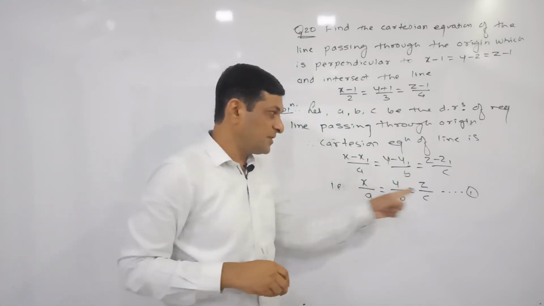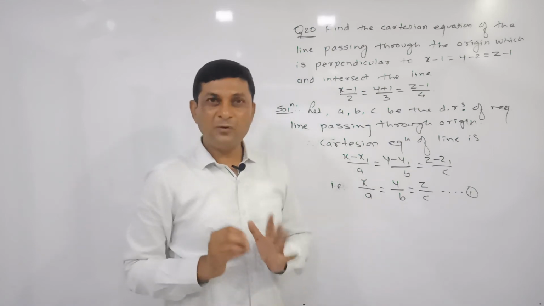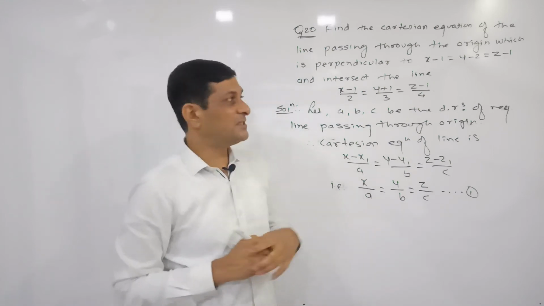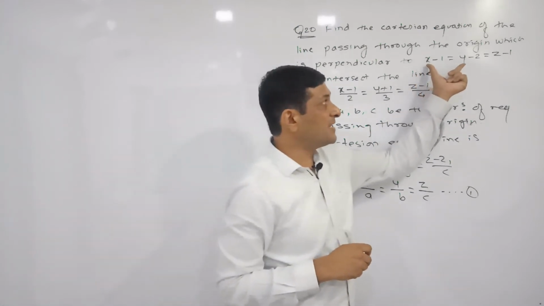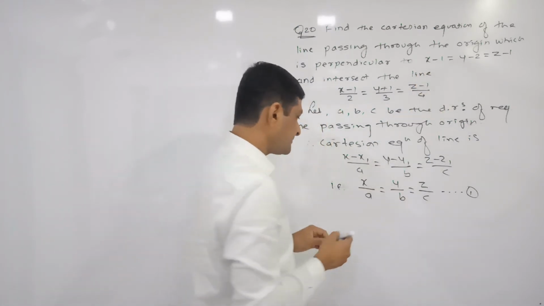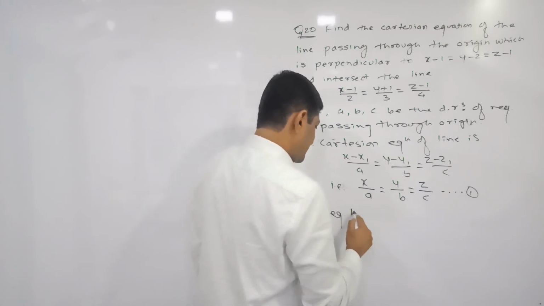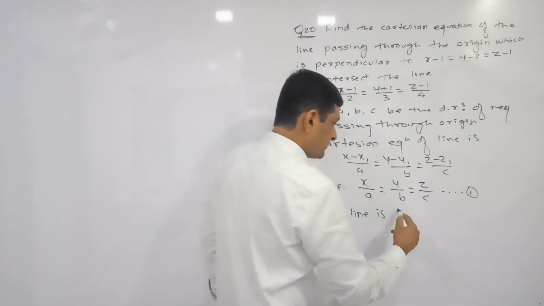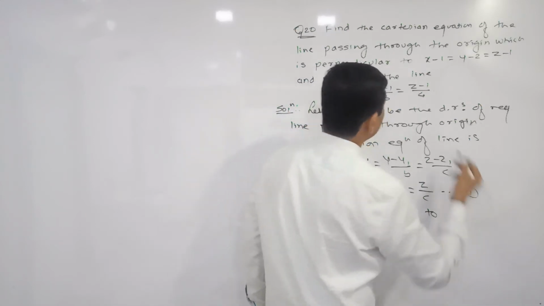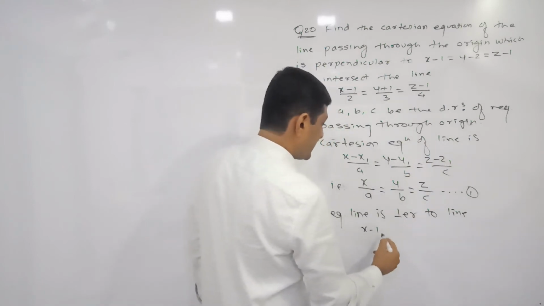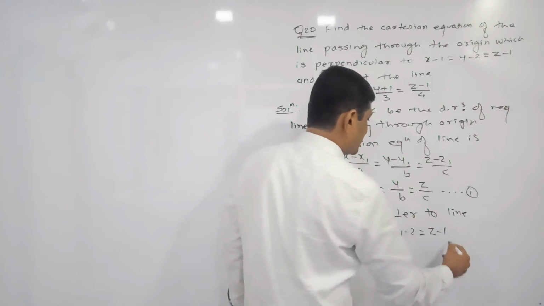But to find this equation, the only remaining part is to find the value of what? A, B, C. Now we are trying to find the values of A, B, C using the other conditions in the example. What is the first condition? That the line is perpendicular to this line. So the required line is perpendicular to the line (x minus 1) is equal to (y minus 2) is equal to (z minus 1).